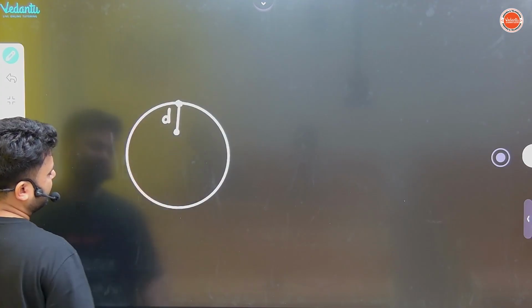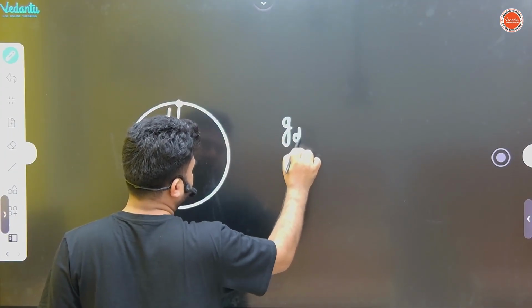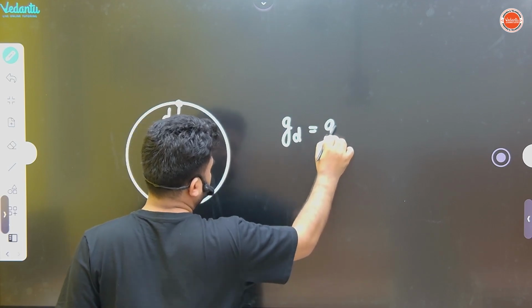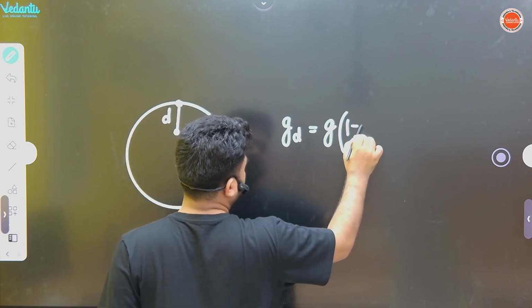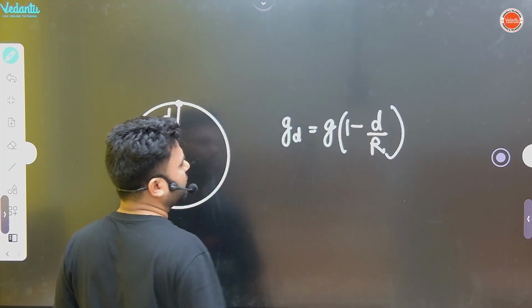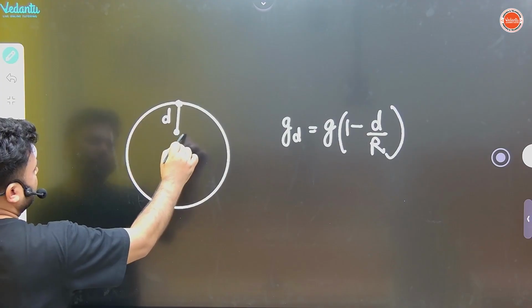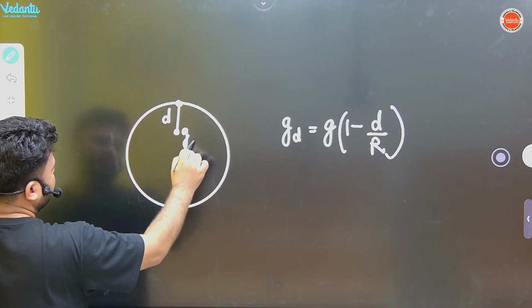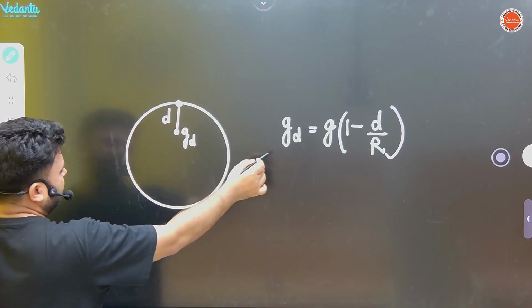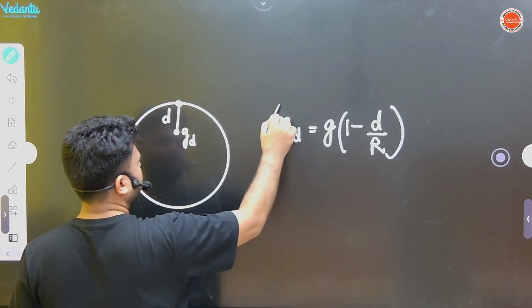They are asking what is the g value. So g at the depth d is g into 1 minus d by R, where d is the depth, how much you are going down. So g at a depth d is equal to g into 1 minus d by R.